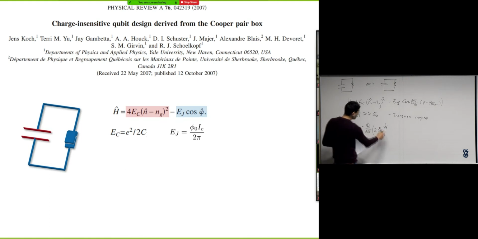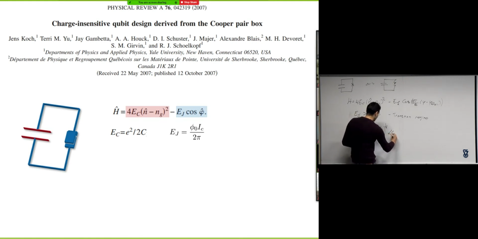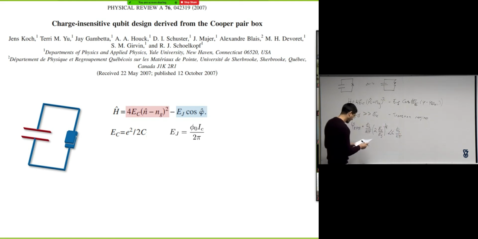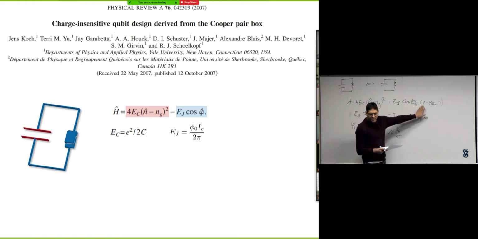And when EJ is larger than EC, then this is much smaller than phi naught over 2 pi. What this means is that the fluctuations here, this phi here, is going to be very small.